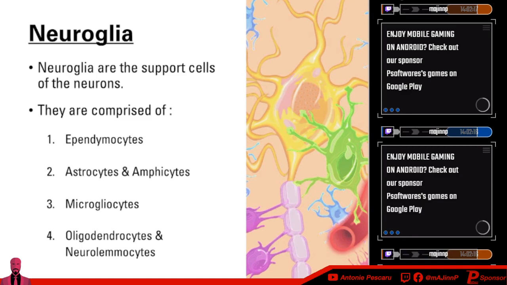Otherwise known as satellite cells. Microgliocytes, which are the immune cells of the nervous system, and then finally oligodendrocytes and neurolemmocytes, otherwise known as Schwann cells, for those who know them by that name.